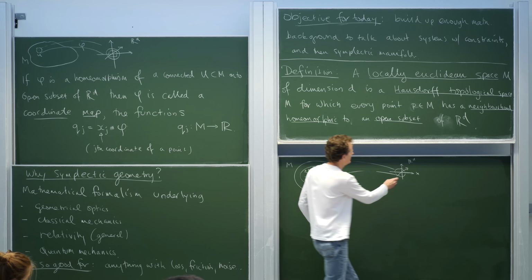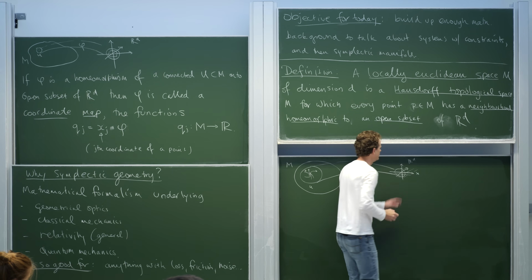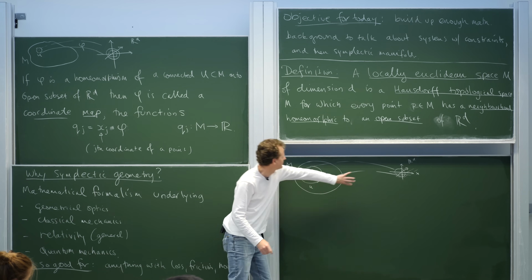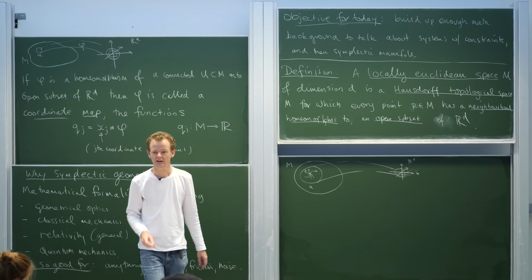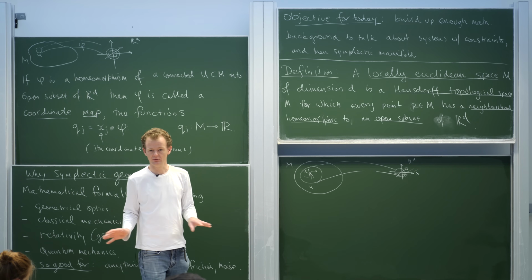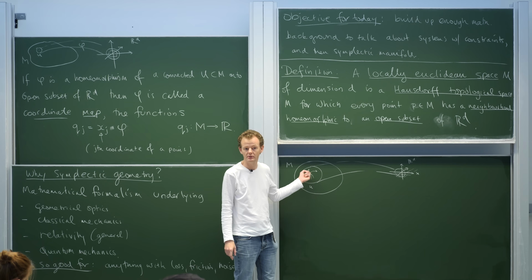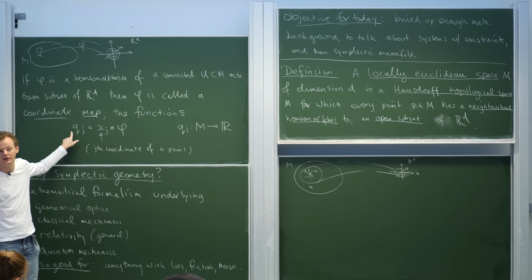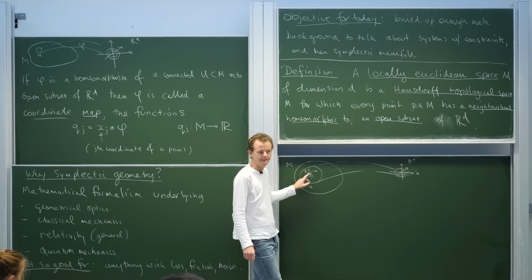And furthermore, if you had a nice grid subdividing R to the D into a lattice, then that lattice would have some curvy pre-image in this locally Euclidean space. So that's almost as good as Euclidean space. Every point here has a coordinate, which is a list of D numbers, for every point in M sufficiently close to P.